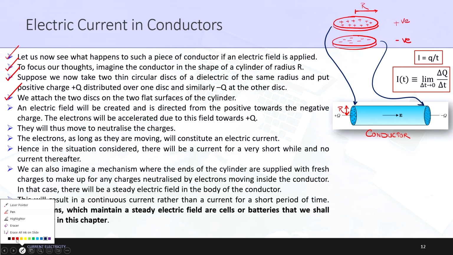After this, an electric field will be created and is directed from the positive towards the negative. So, due to these dielectric discs being kept across a conductor, an electric field was created, directed from the positive towards the negative charge.